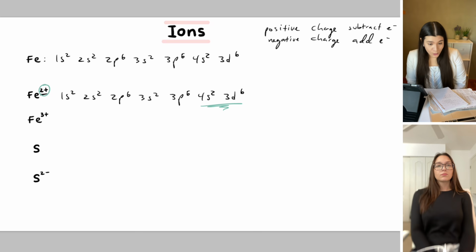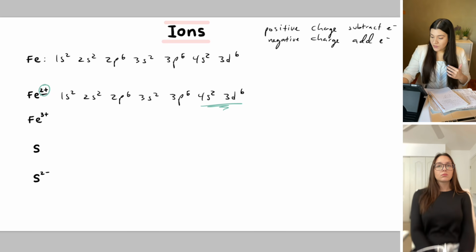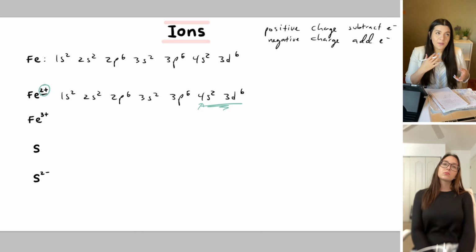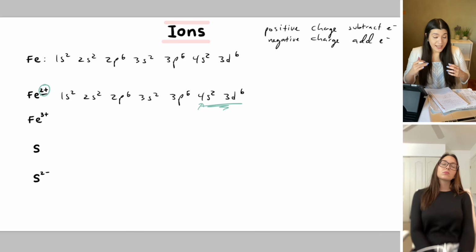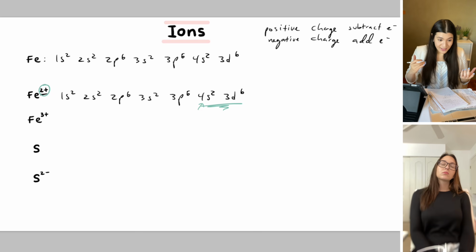We're not going to remove electrons from, let's say, the 3d level, because that's already higher in energy versus something like the 4s. I'm looking at the s subshell and comparing the d sublevel, and I know that the d sublevel has higher energy than the s. So that's why I'm not going to take it away from there.